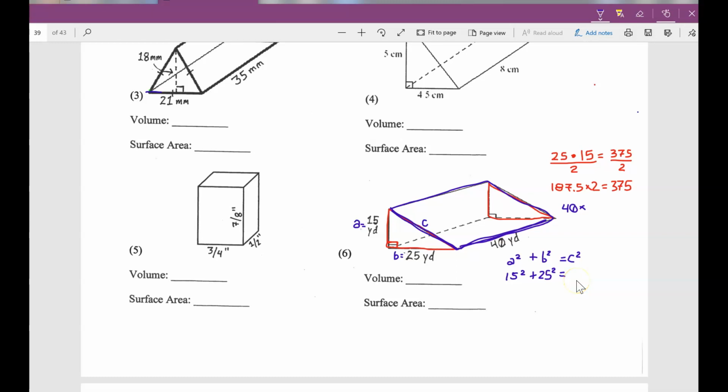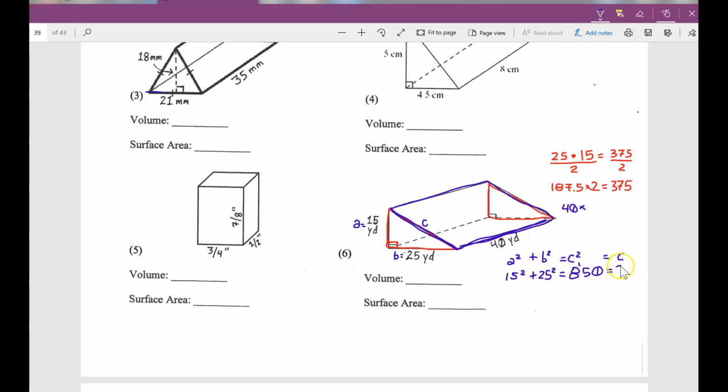So grab your calculator. 15 to the second power plus 25 to the second power gives us 850. Well, we're not done yet though, because this is c squared. If I want to find c, I have to get rid of the squared part. So I need to find the square root of 850.